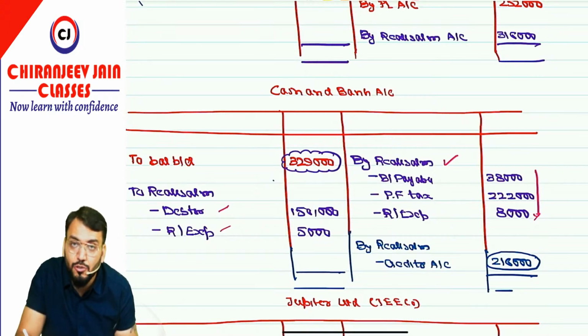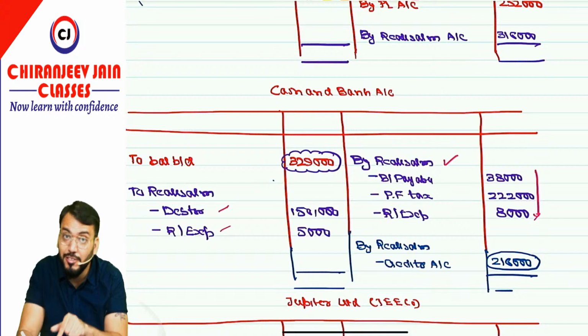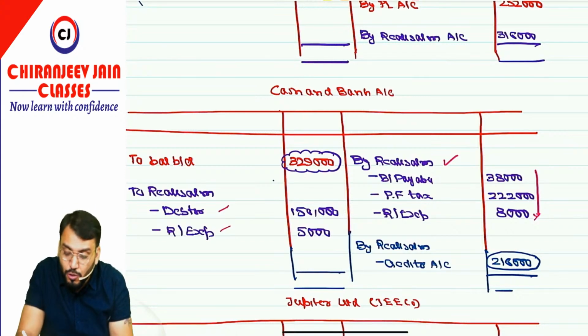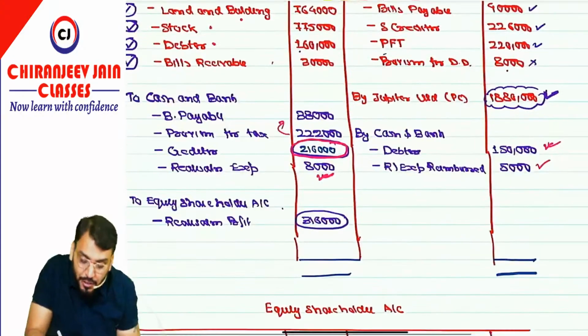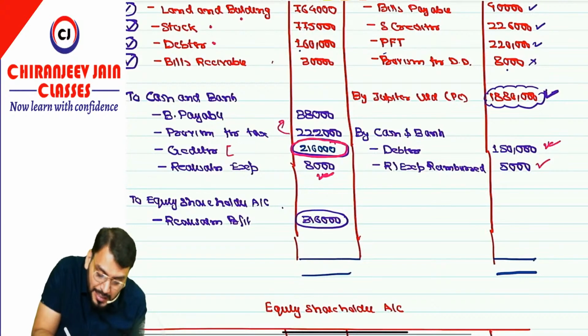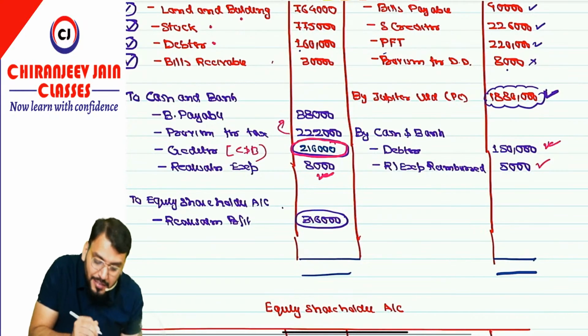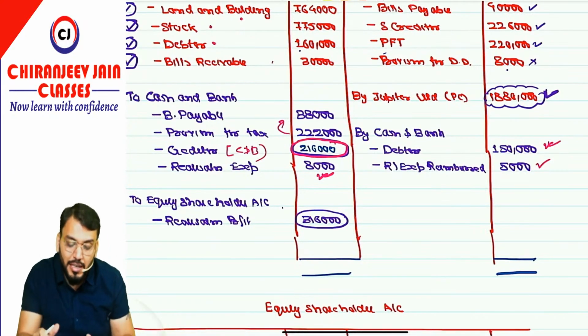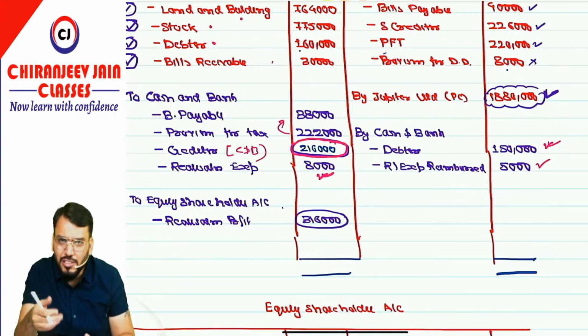Payment to creditor is 2,16,000 because of the information given in the question. So whatever surplus comes in cash and bank account will be used for the payment of creditor, so that will go to 2,16,000. Understood this point? Correct. Now step number 3 is also done.